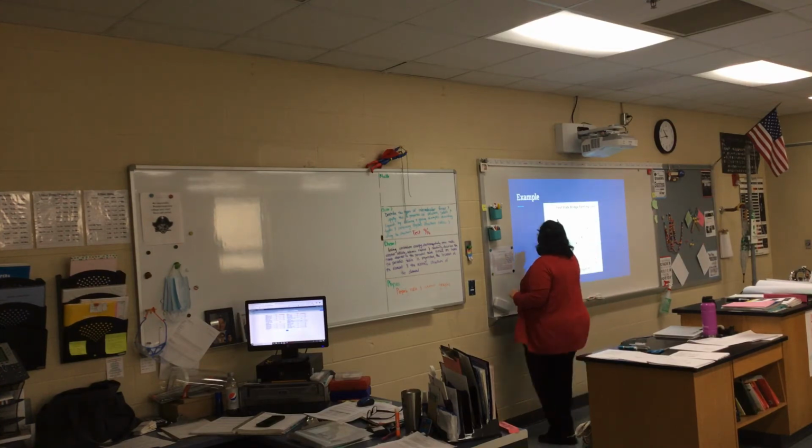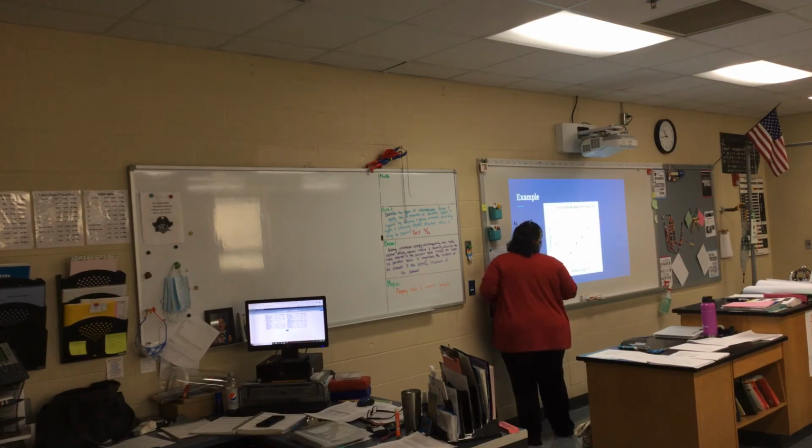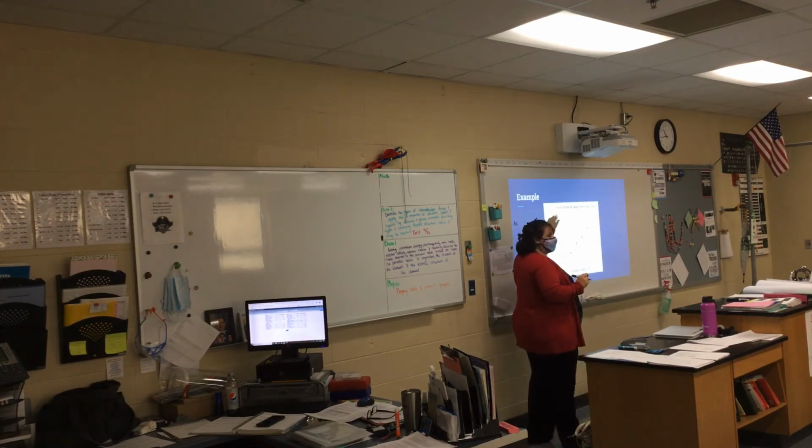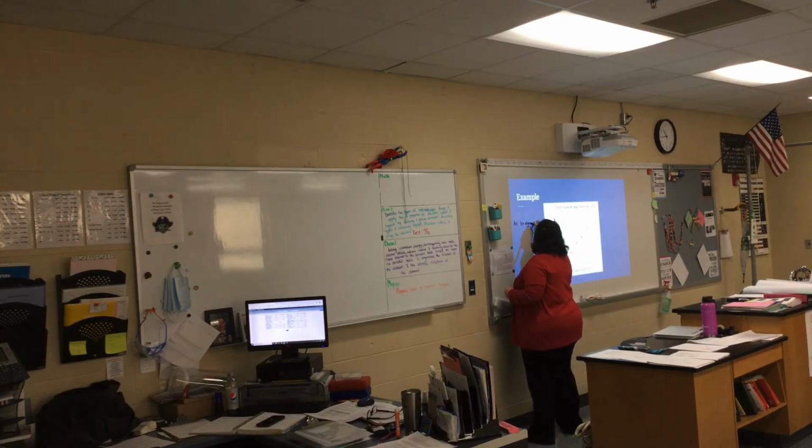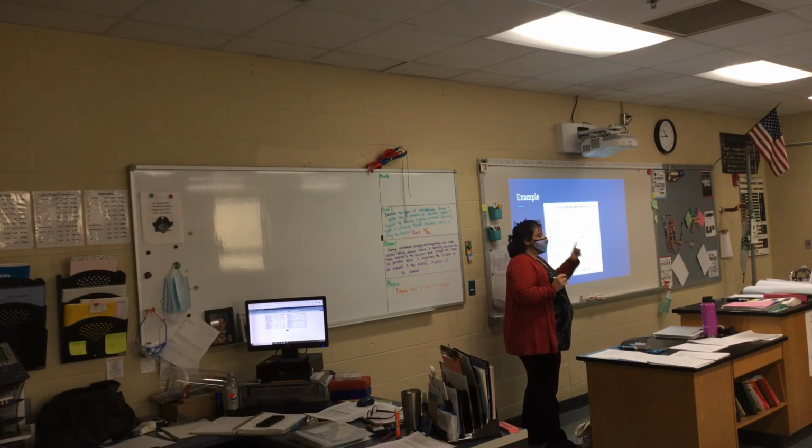You ready? As, then we're going to fill in our independent variable. What is our independent variable? Bridge length. As bridge length, I'm writing while you can write after we're done, but I want you to pay attention, okay?